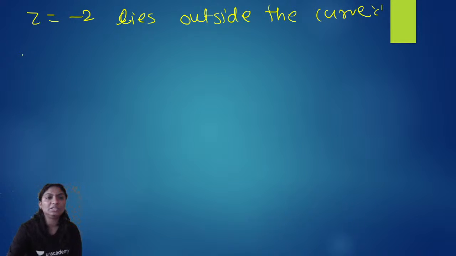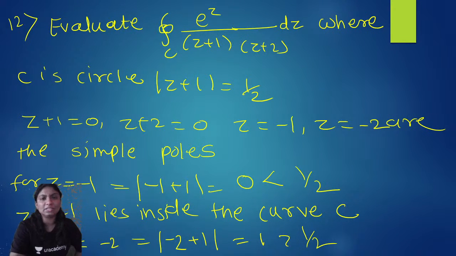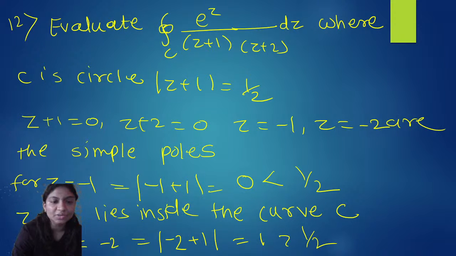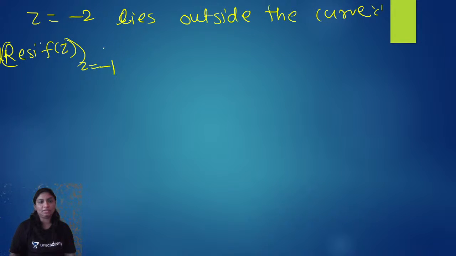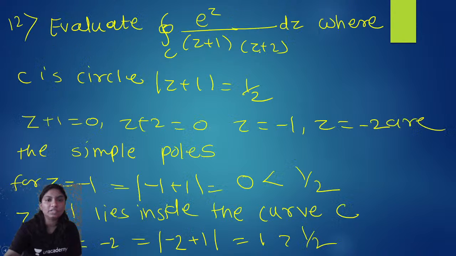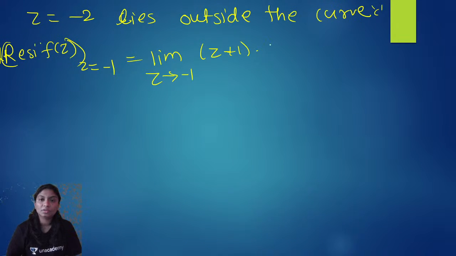So we will solve this integral by using the residue theorem, which is simple. We will find the residue at z equal to minus 1 only. Residue of f of z at z equal to minus 1 is the limit as z tends to minus 1 of z plus 1 into f of z, where f of z is e raised to z upon z plus 1 into z plus 2.